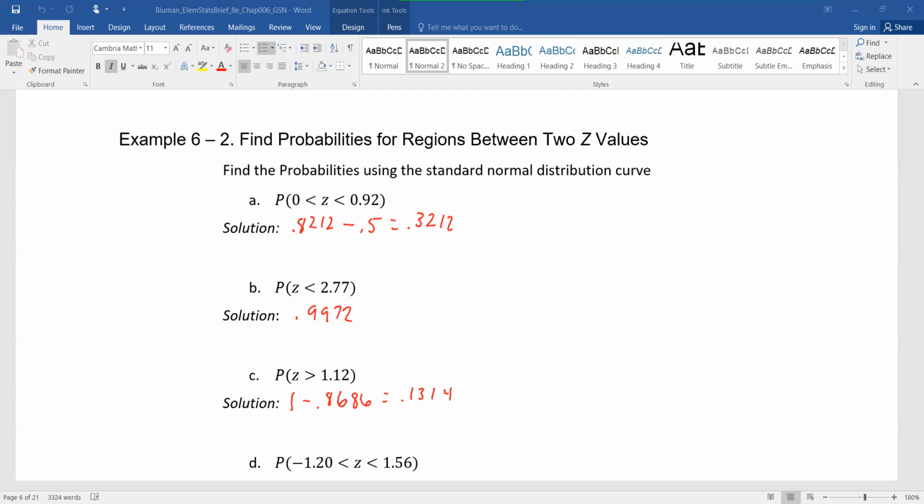Again, I have something in between, so I'm just going to subtract the two. So what is the area of 1.56? 0.9406 minus what's the area of negative 1.20? 0.1151. And when you subtract the two, what do you get?